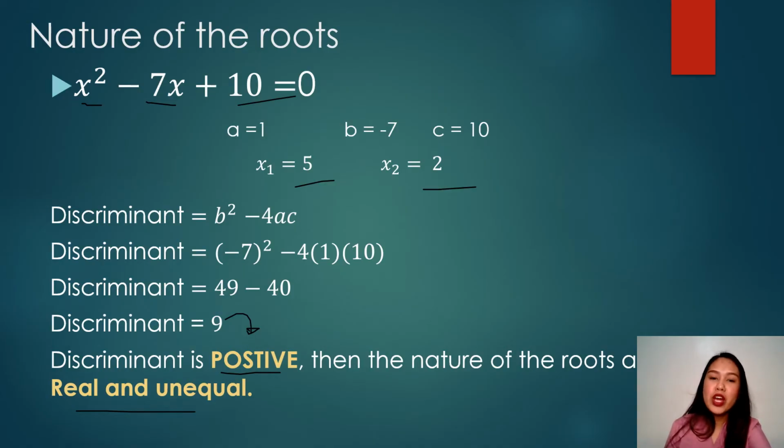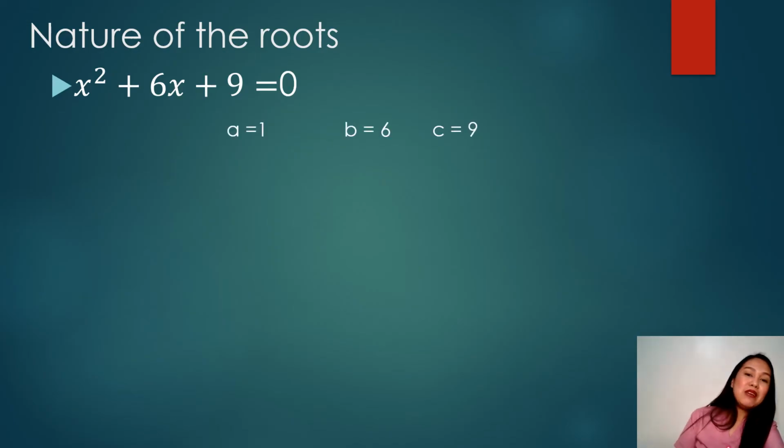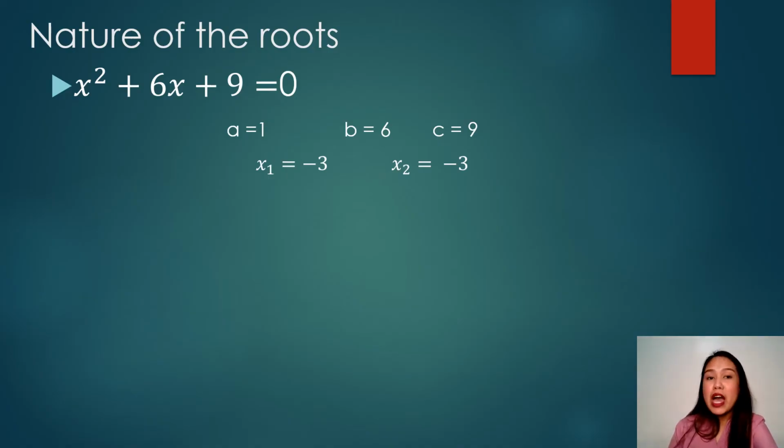Okay, let's try to have another example. x squared plus 6x plus 9 is equal to 0. If we get the a, b, and c values, a is equal to 1, b is equal to 6, and c is equal to 9. Now, if you get the roots of this quadratic equation, you'll get negative 3 and negative 3. Why? Because this is a perfect square binomial.